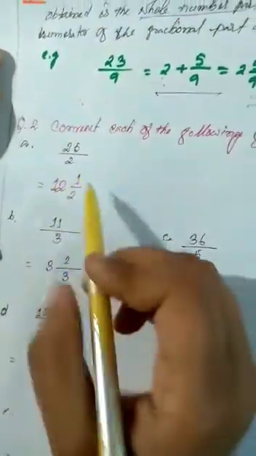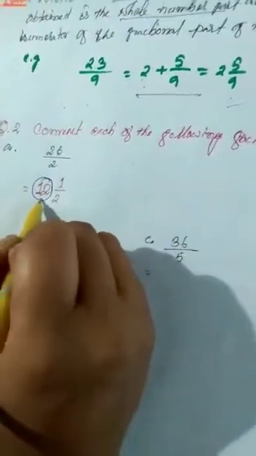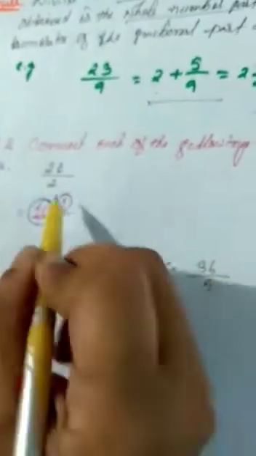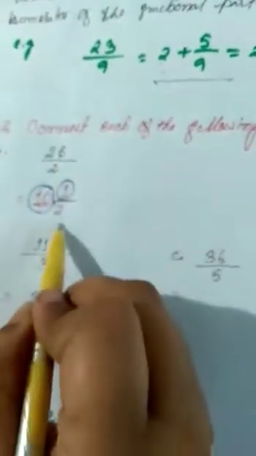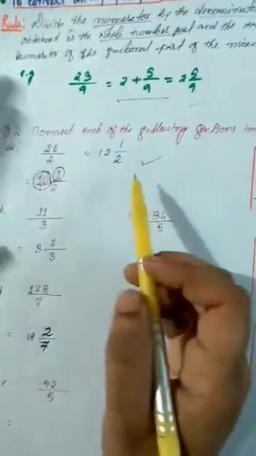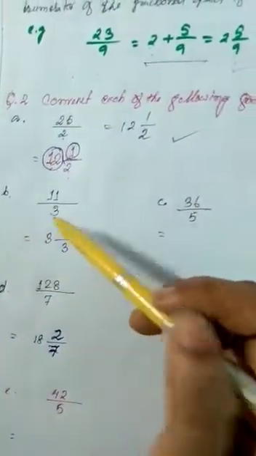As we have just learned, the quotient will be the whole part and the remainder will be the numerator. So the numerator I have written here is 1, and the denominator will be the same, 2. So this means 12 1 by 2. This is the conversion. Now let's move to B, which is 11 by 3.